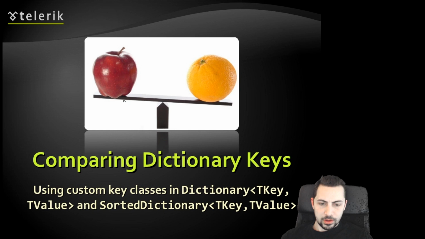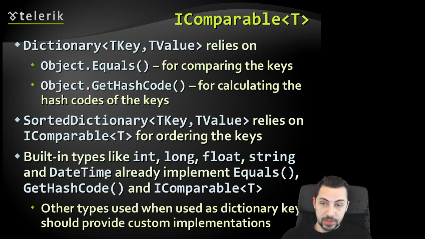All right. So how do you do that? If you're making your own class that you want to put into a sorted dictionary, you have to be able to compare your keys. So if you're making a custom class, say a room that goes into a dictionary as a key, not as a value, we have to implement object.equals. Object.equals is a method that every object has, and it relies on the fact that that exists.